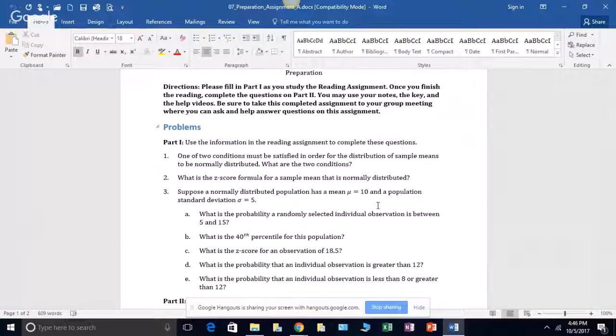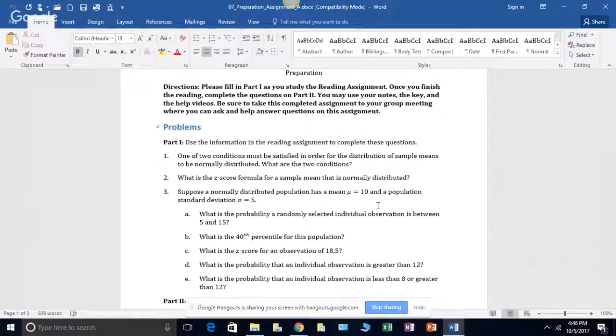All right, what is the z-score formula for a sample mean that is normally distributed? So that was based off z equals the sample value minus the mean, over the standard deviation over the sample size, right?